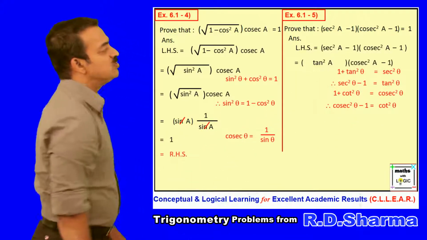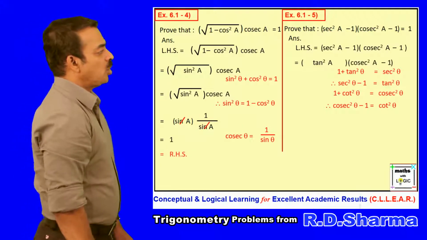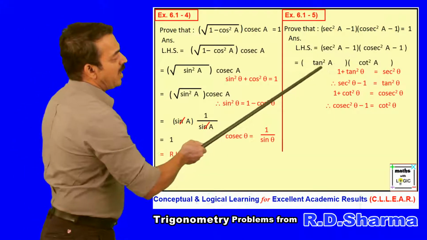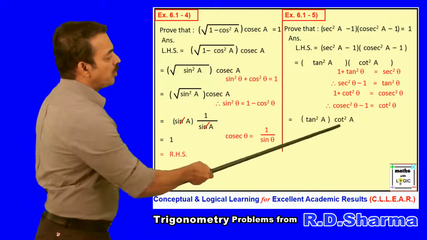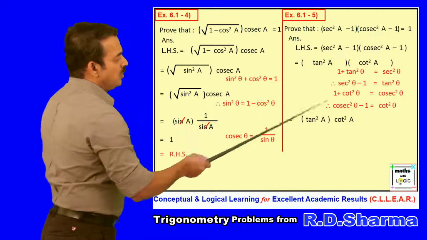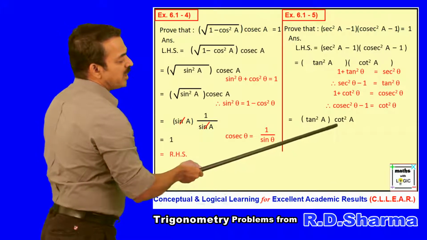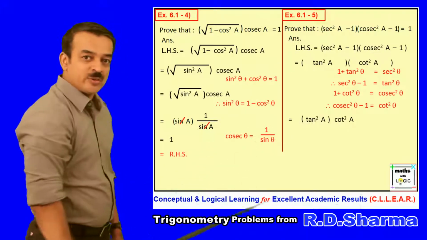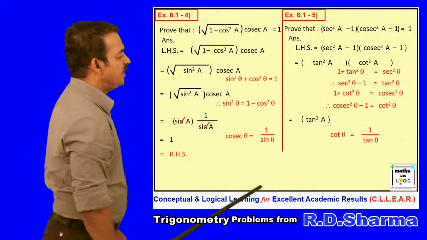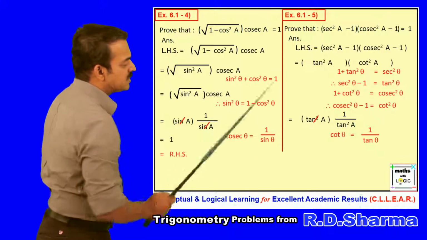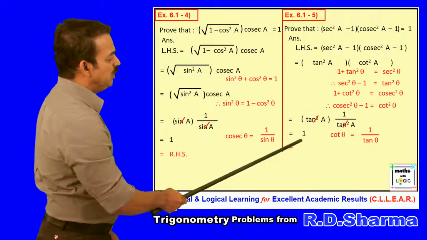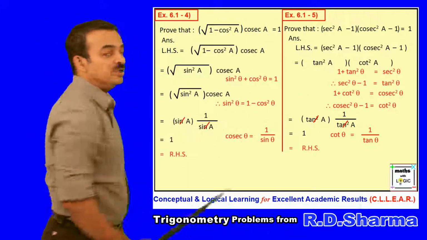So this will be replaced by cot square A. Are tan and cot reciprocals of each other? Yes. So the product has to be equal to 1. Only thing is either I will get cot as 1 upon tan or tan as 1 upon cot. So I am writing this as 1 upon tan square A getting cancelled, and I get the answer to be equal to 1, which is other side.